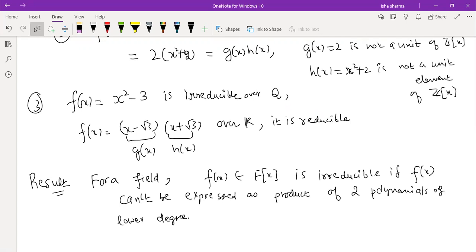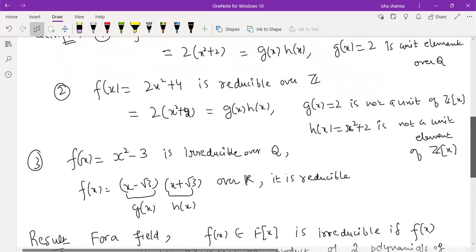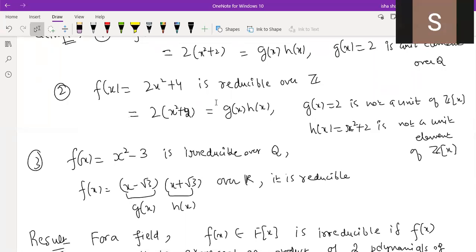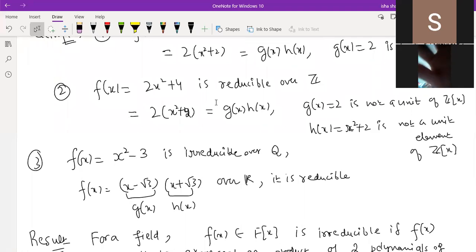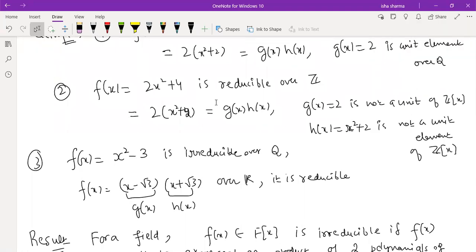When you talk about integral domains, you have to consider the unit and non-unit concept. Like we discussed for Z[x], the first polynomial, when I gave you the example that 2x plus 4 is reducible over Z. I was able to factorize it into 2 and x plus 2, but 2 was of lower degree, while x plus 2 was of the same degree as 2x plus 4.